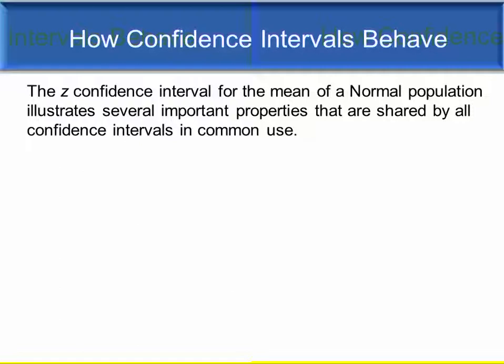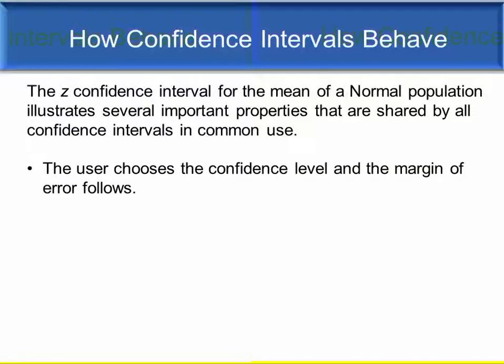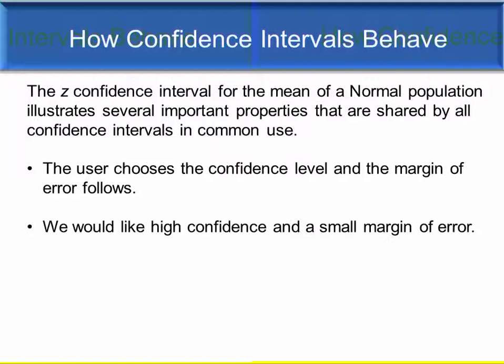So the Z confidence interval for the mean of a normal population illustrates several important properties shared by all confidence intervals. The user chooses the confidence level and the margin of error follows. So the margin of error comes from that confidence level that you're choosing. In general, we would prefer a very high confidence level but a small margin of error.